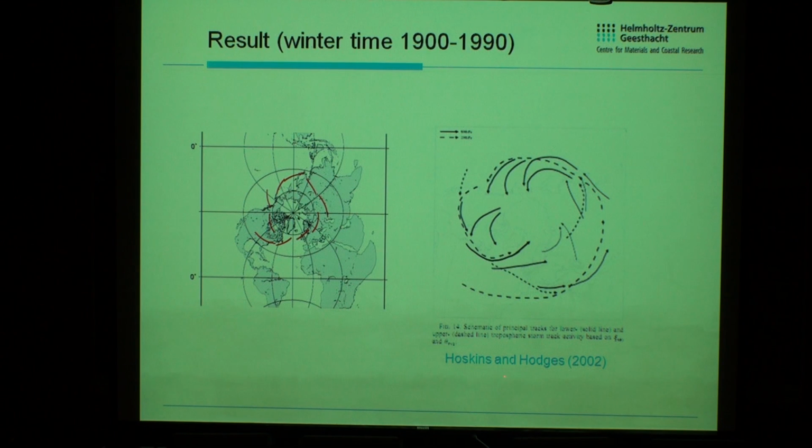This is from Hawkins and Hodges, based on vorticity data, and it gives a similar movement to my result. But that result is just a rough idea. My result is from clusters.